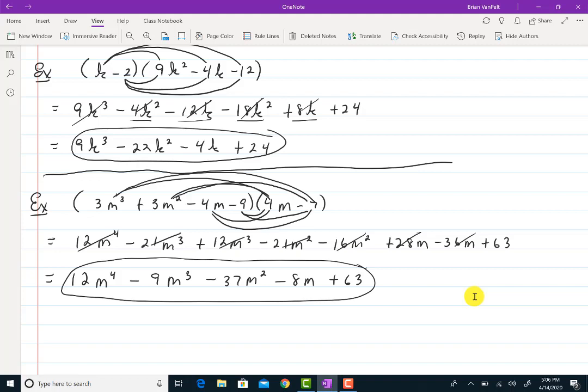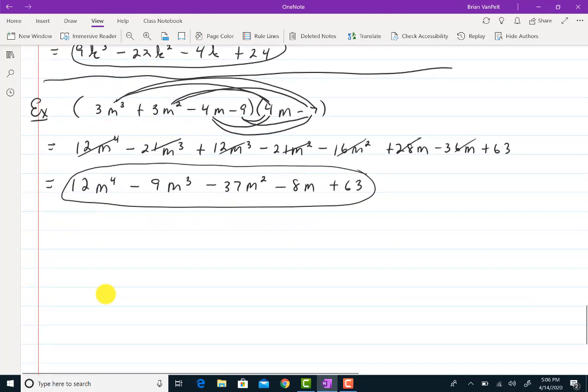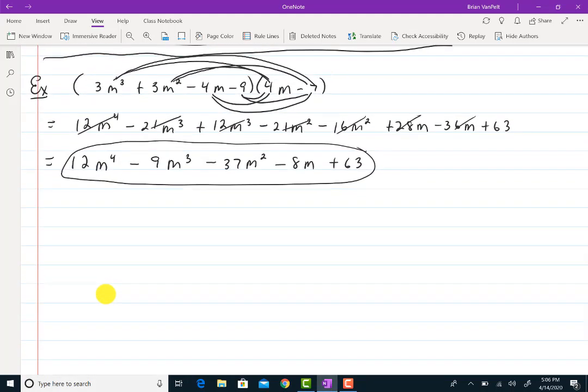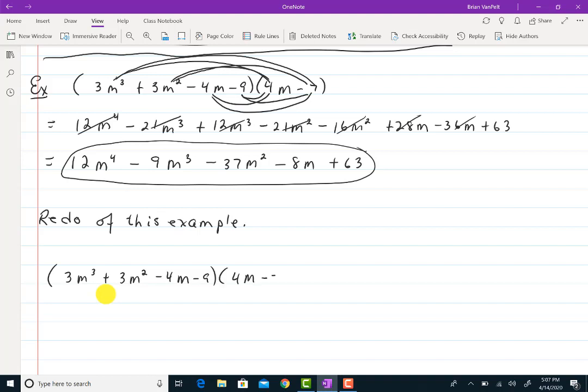Now, I want to redo this last example, but show you the way that I do it and keep track of my results. I'll see if I can give myself lots of space here. 3m cubed plus 3m squared minus 4m minus 9 times 4m minus 7.